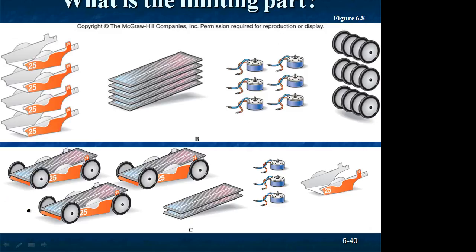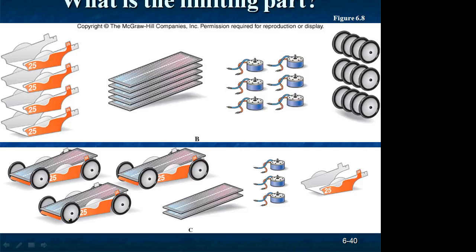So as the picture shows here, you can make 3 complete cars, and then these are all the excess parts which are left over. This is what happens in a chemical reaction also. When we mix reagents, there will be one reactant which always acts as the limiting reactant, which is present in the smaller amount.